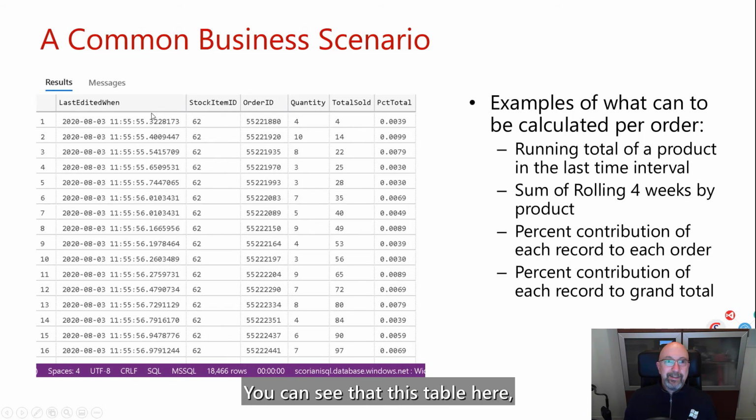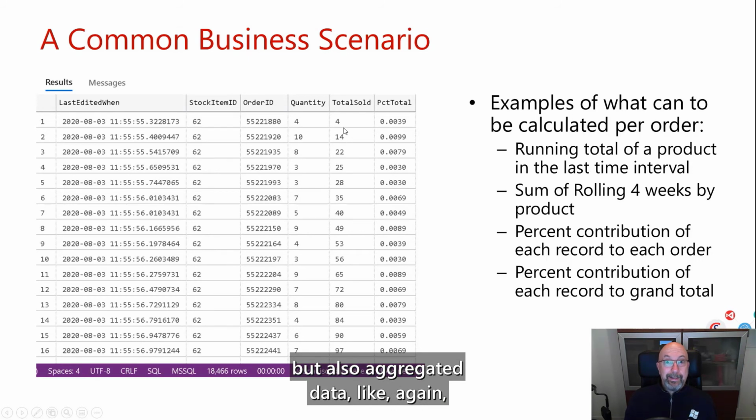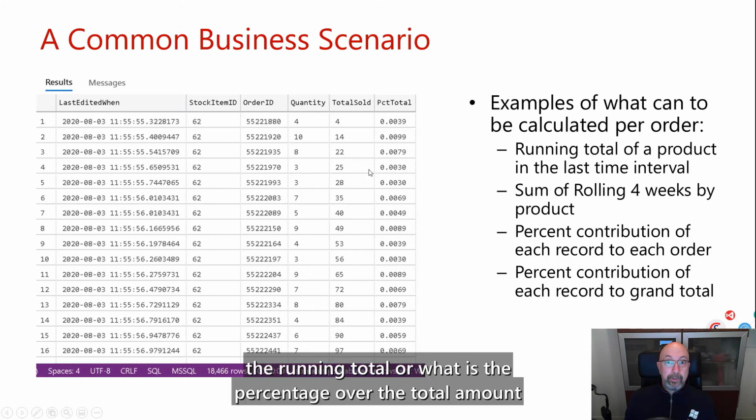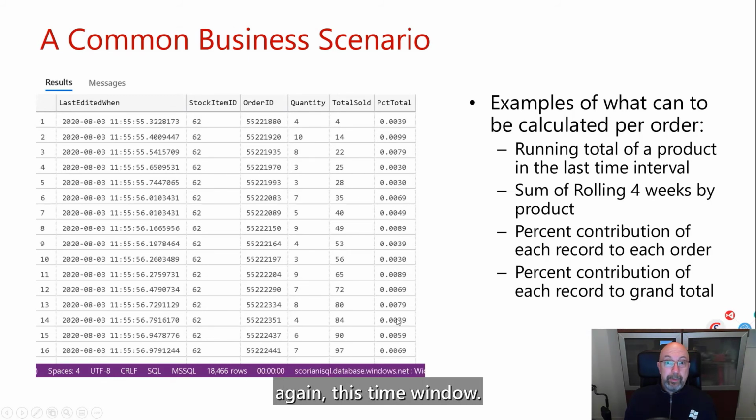You can see that this result set is combining detailed data, the order lines that we are selling, but also aggregated data, like the running total, or the percentage over the total amount of items that we are selling of this particular item ID in this time window.